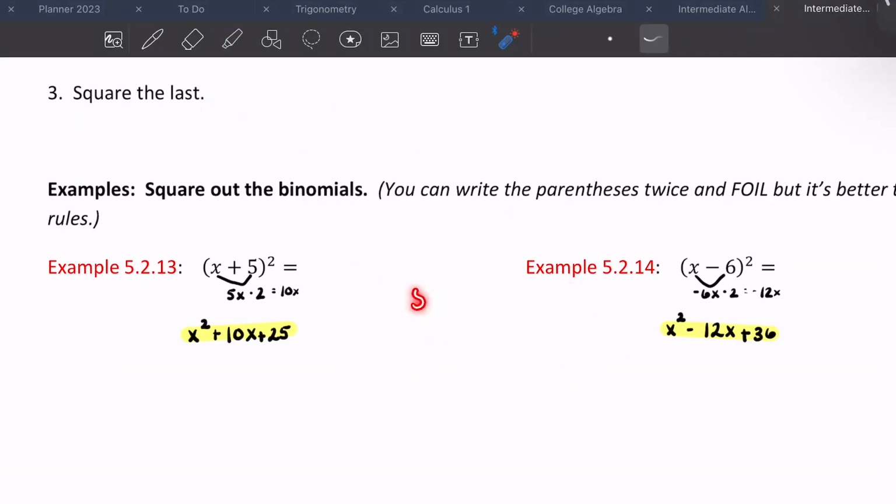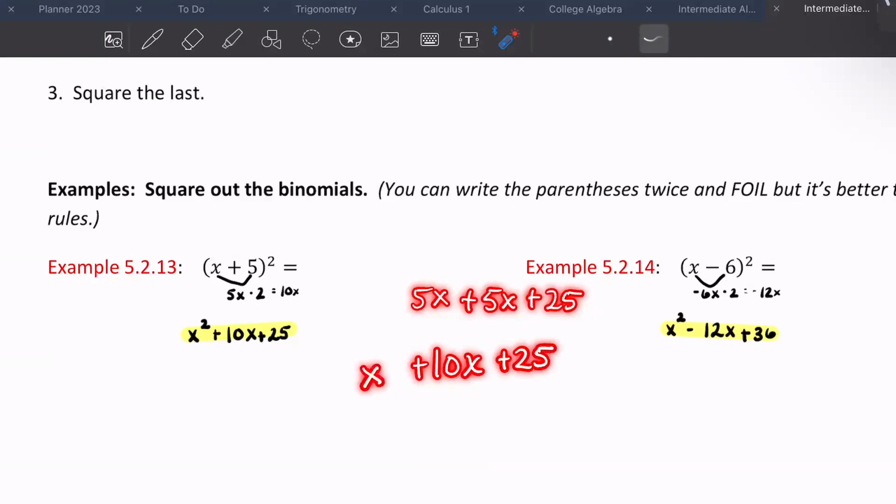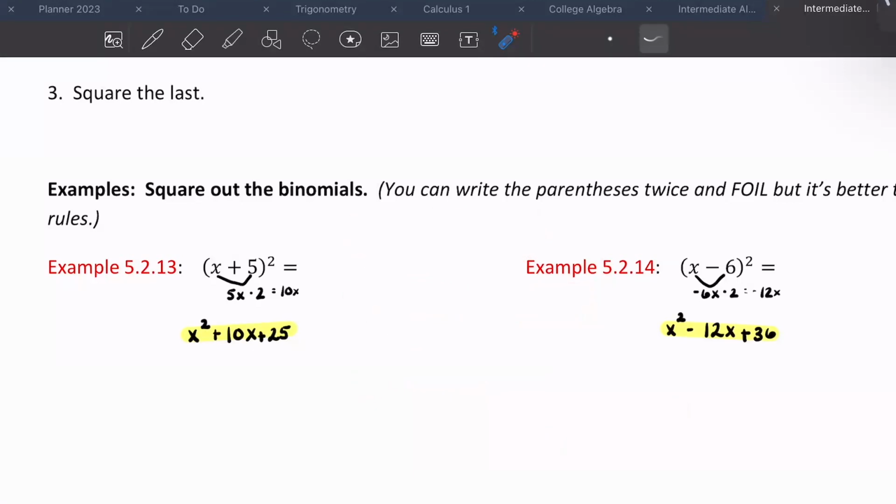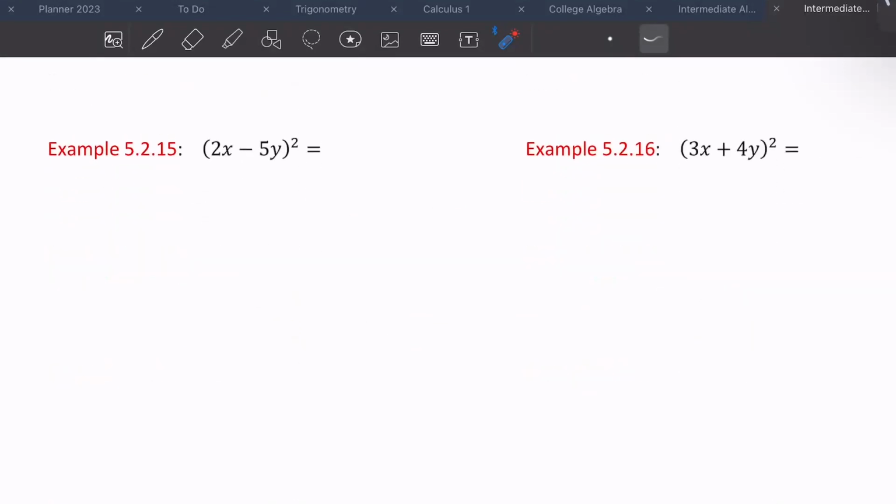I meant 5x plus 5x. Okay, so you should get plus 10x. I was thinking too far ahead. Okay, and that was from x plus 5. Like that. Totally legal for you to do that, but you don't have to, right?